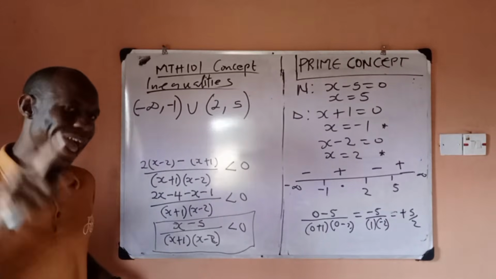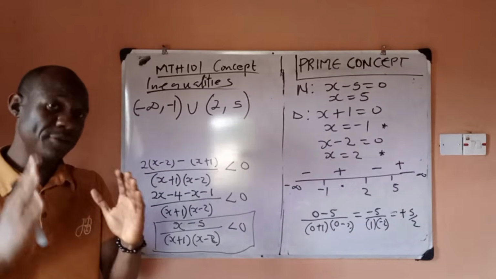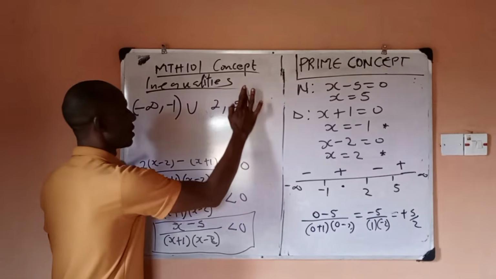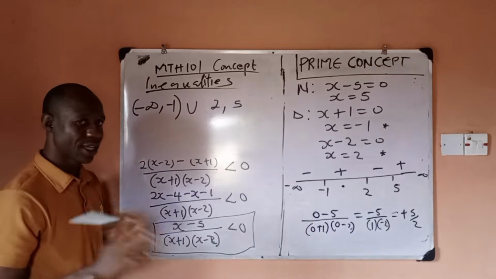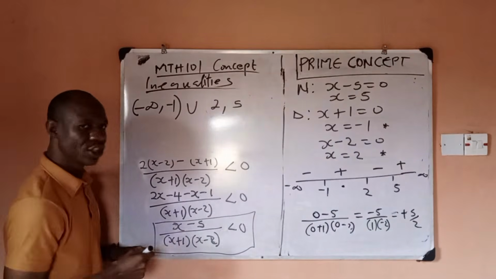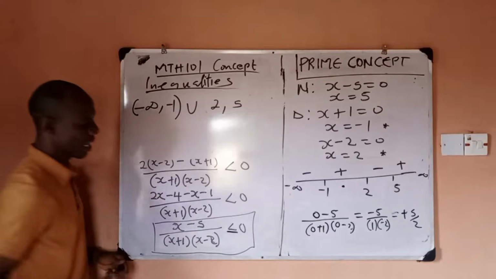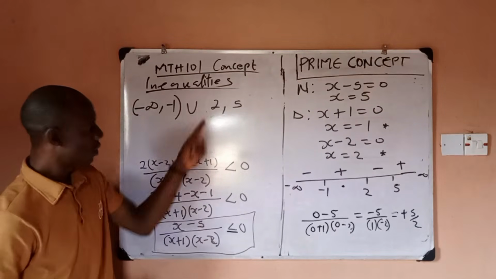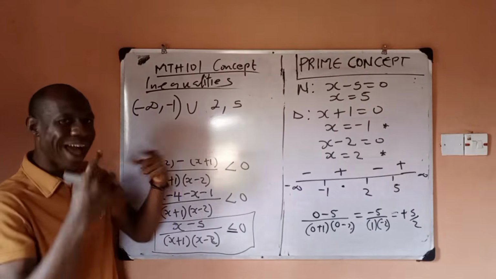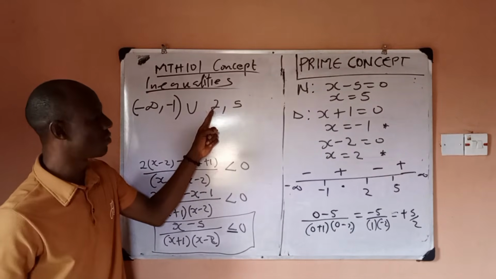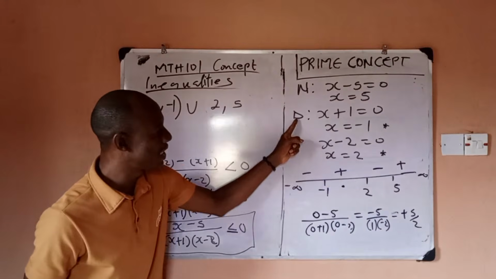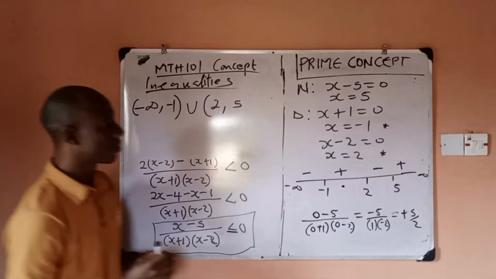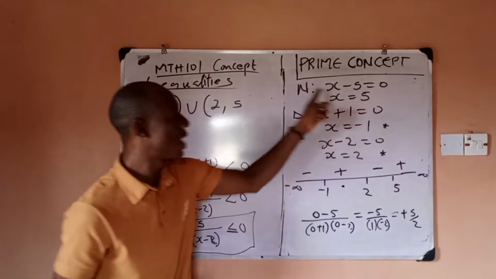Please watch. I hope you are following. I want to make an assumption. Assuming I have not written this, let us say watch so that I don't get confused. Assuming this is the original thing I have, this is less than or equal to. What do you think this answer would be? I will ask myself, where is 2 coming from? 2 is coming from denominator. It will still be open bracket. What about 5? 5 is coming from where?